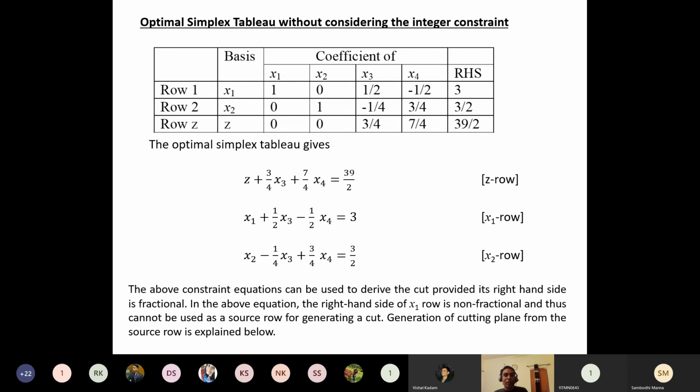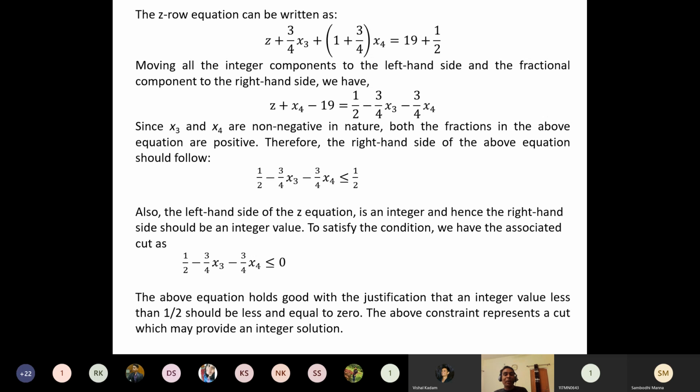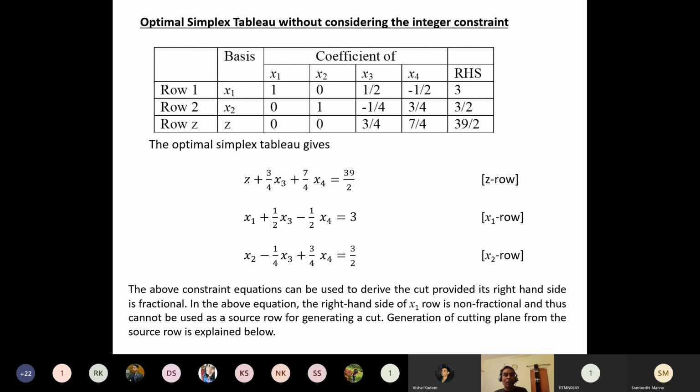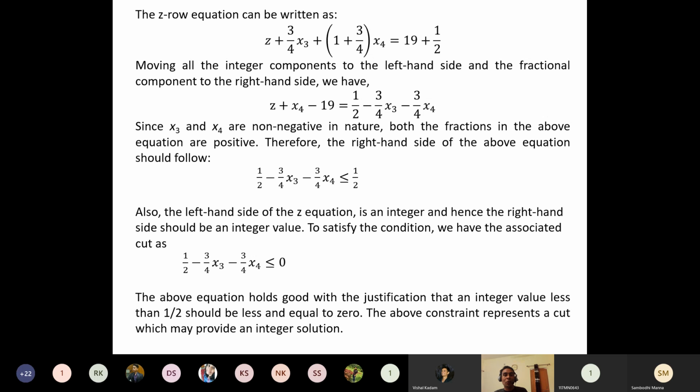Suppose, for example, in the Z row, the equation can be rewritten as Z plus 3 by 4 X3 plus, we have written this as 7 by 4, we can write it as 1 plus 3 by 4 X4, is equal to 19 plus 1 by 2. And moving all the integer components to the left hand side and the fractional components to the right hand side, we have Z minus 19 plus X4 is equal to 1 by 2 minus 3 by 4 X3 minus 3 by 4 X4.